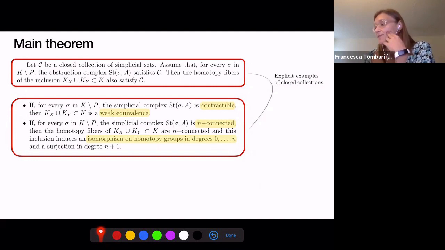There are possibly other consequences of this if you consider other examples of closed collections. However, it's not that they are less important; it's just that the examples that I'm going to show are only related to having contractible or n-connected obstruction complexes, and they are easier to find examples about also.